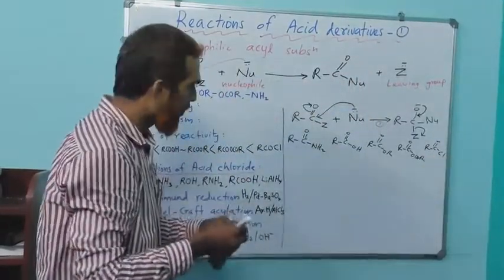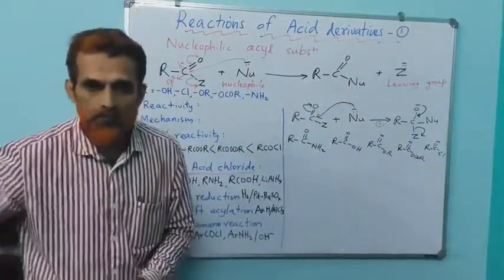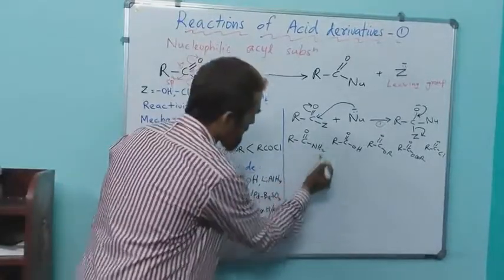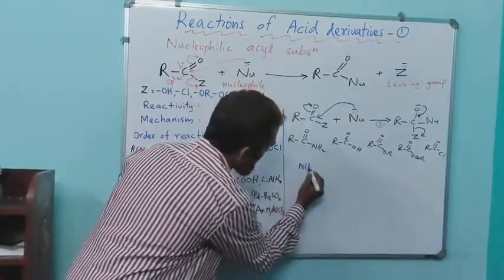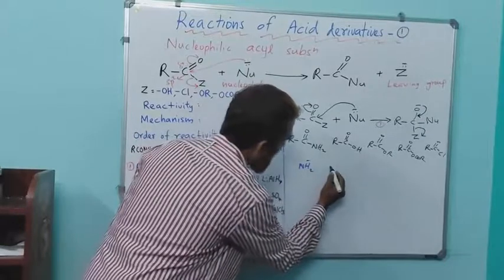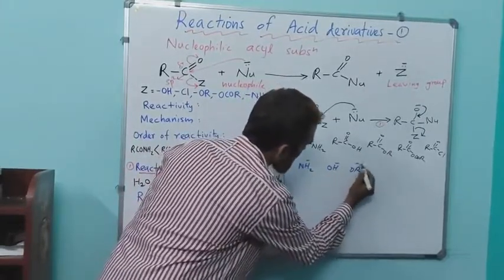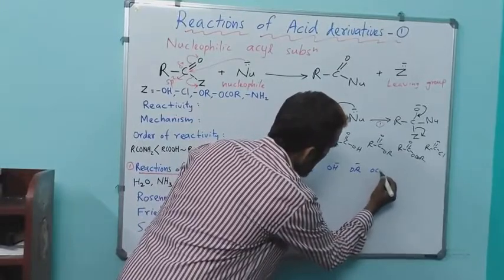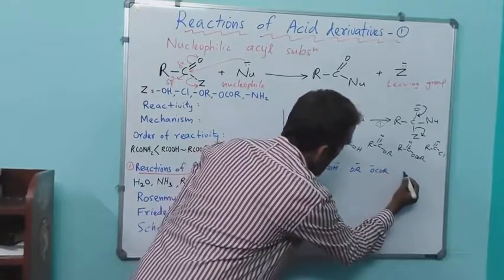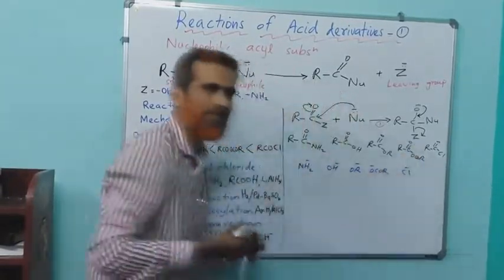Now, what are the leaving groups? If this is lost, it is NH2 minus, OH minus from the acid, OR minus, OCOR minus, and Cl minus. These are the leaving groups.